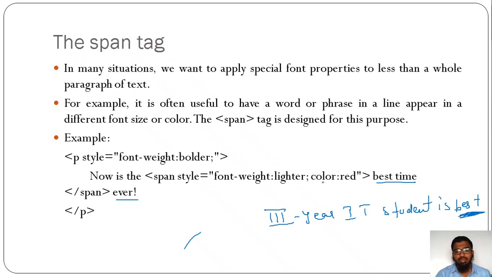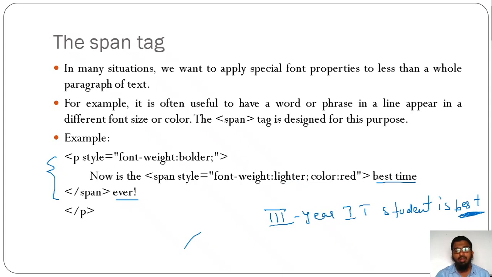Clear? So this is the way we have to give the span. If you did not understand this span tag, no problem. When we do the practical, you can easily understand this. This is very simple, small code. Wherever you are writing, before that you need to open the tag and close the tag. In the opening tag, you have to give some attributes, like style is font-weight lighter and color red.